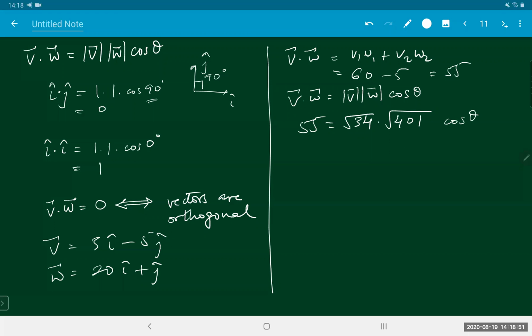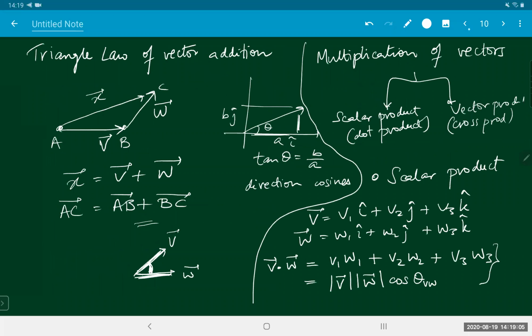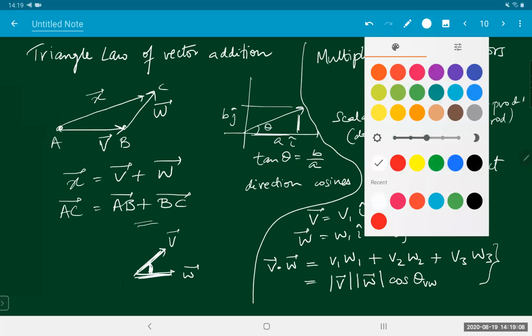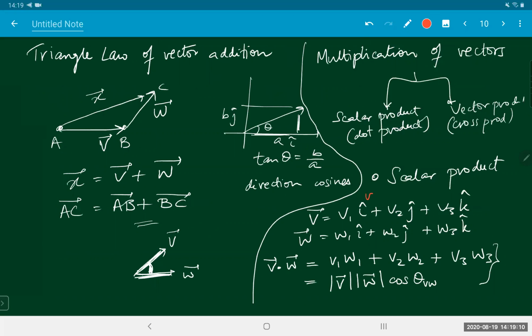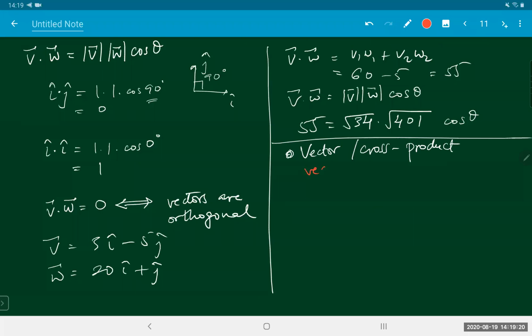Now we've already defined the dot product. Now we'll define the second one, which is the vector product or the cross product. In the scalar product, we did vector times vector gives you a scalar. Now in the vector product, we will do vector times vector gives you a vector.